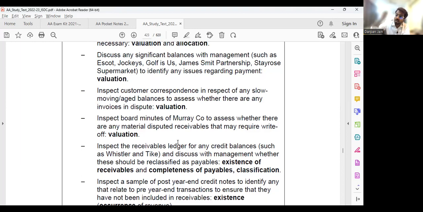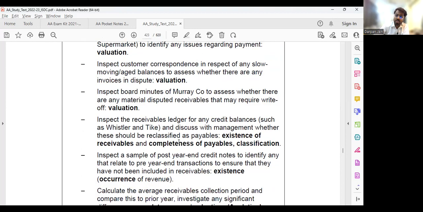The company might go and contact that customer as to why he is not paying. So you can then inspect that communication between them. That communication is called correspondence.